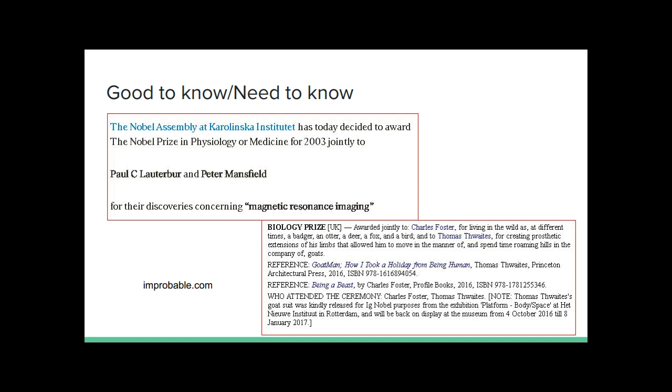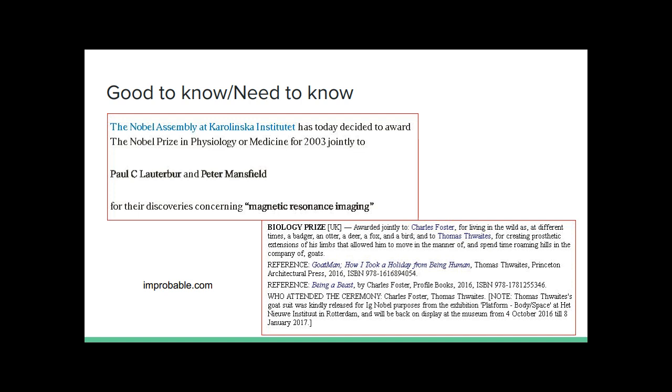This is something that changed the world. It helped so many people. It helped the science. It helped the industry. It helped the world. It's good to know or need to know. It's something I believe is need to know. That's why they received the Nobel Prize.